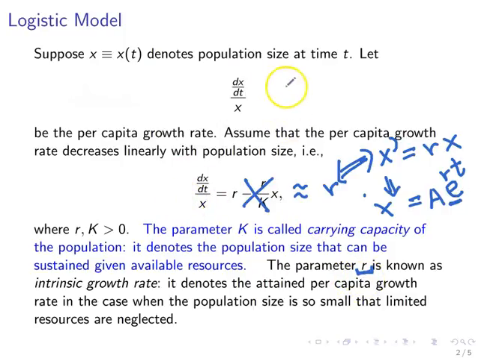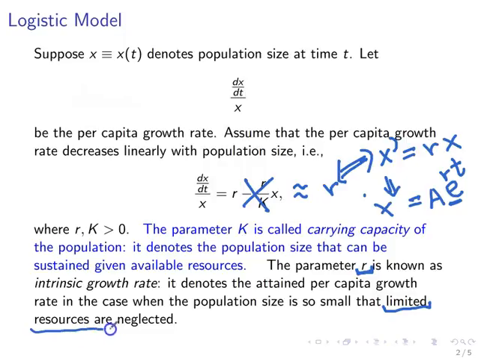Well, in a sense, the solution of the logistic equation has, under certain conditions, the behavior of an exponentially growing function. We're going to expand on that in a minute or two, but let's just refer to the meaning. This is known as the intrinsic growth rate, and it denotes the attained per capita growth rate in the case in which the population size is so small that limited resources are neglected.